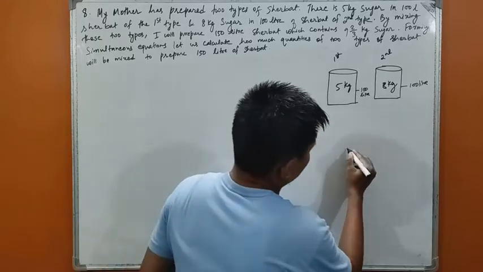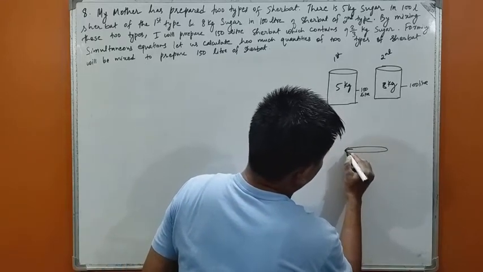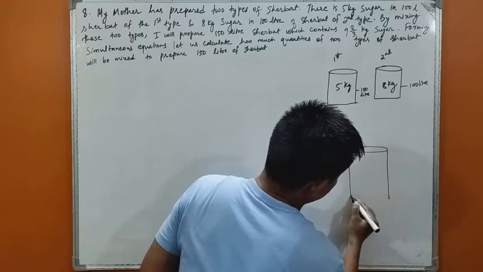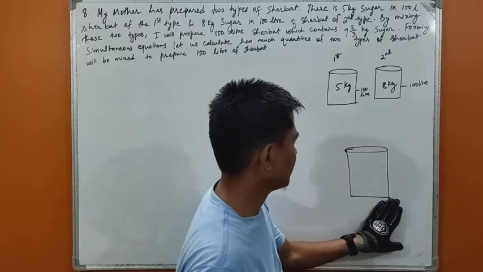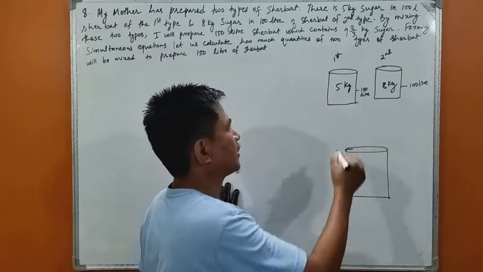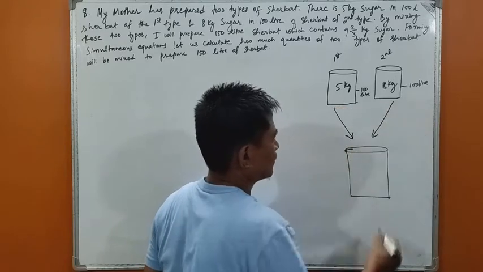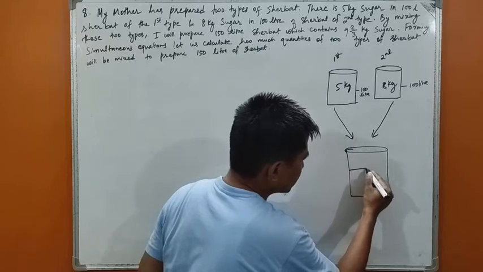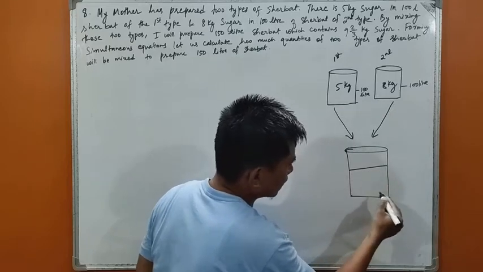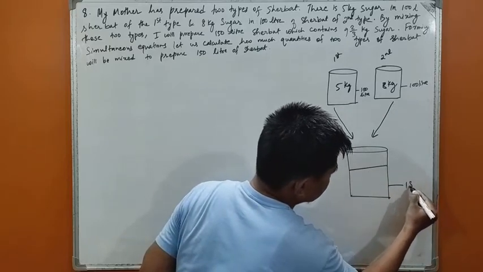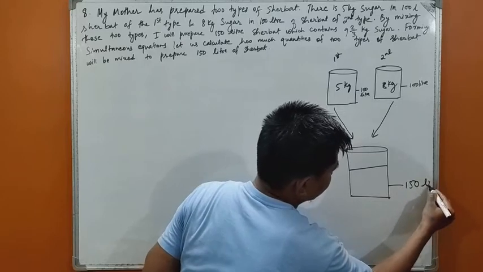Now we are asked to find the quantities taken from the first type of sarbat and the second type of sarbat, so that the quantity of sarbat in this new container is 150 liters. Okay, are you getting me?